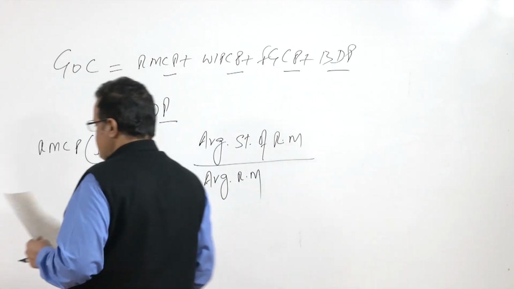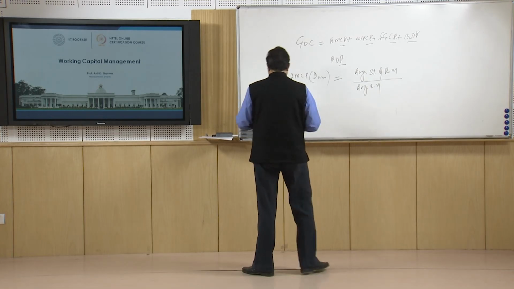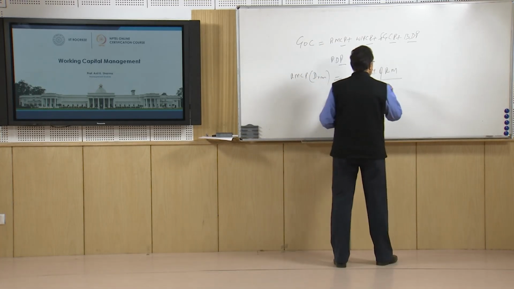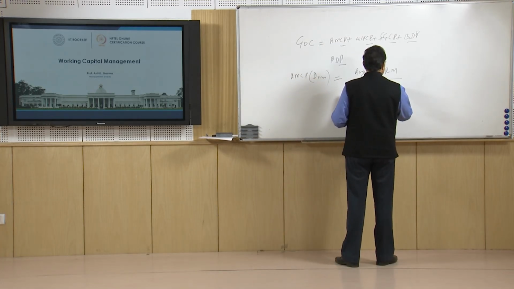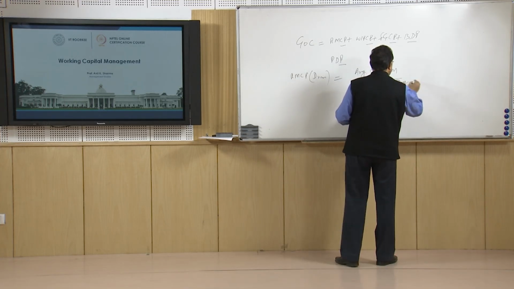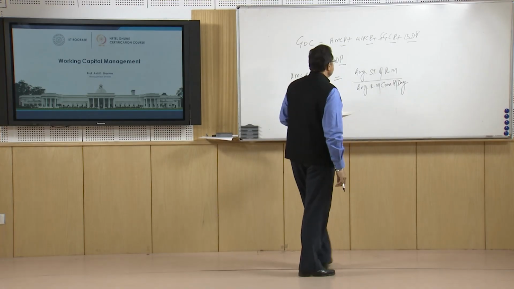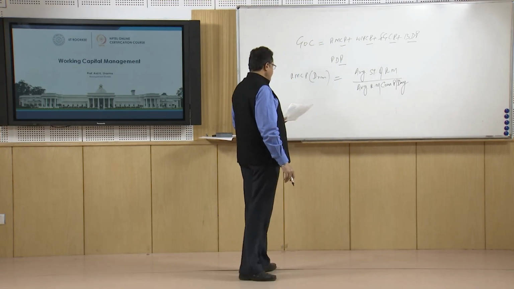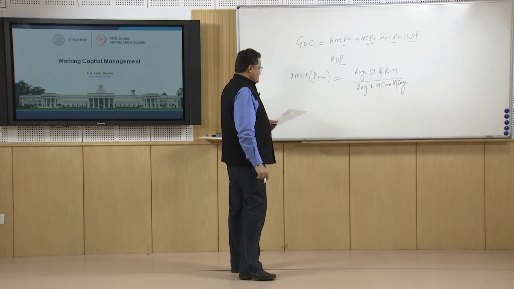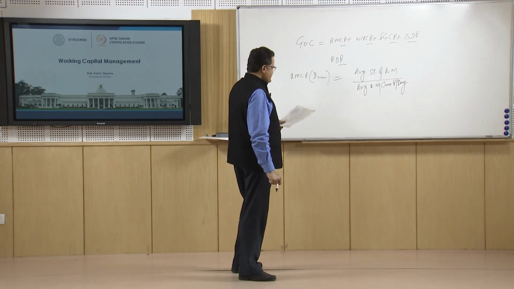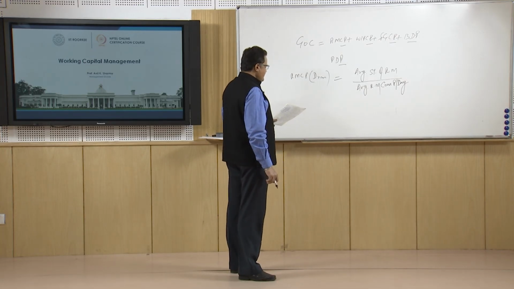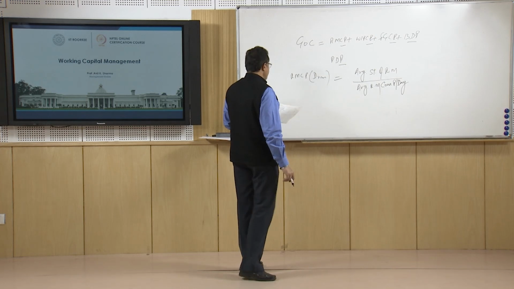How much raw material we are buying or using, that is the average raw material committed per day. This is the formula for calculating the DRM or RMCP, that is the average stock of raw material divided by the average raw material committed per day. So this is the way we can calculate the duration of the raw material.